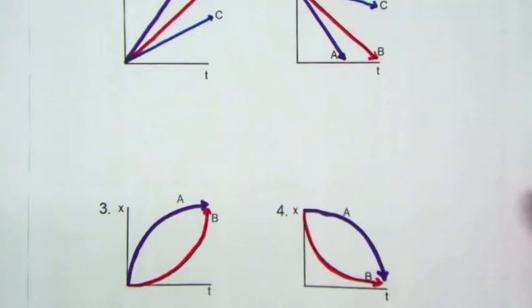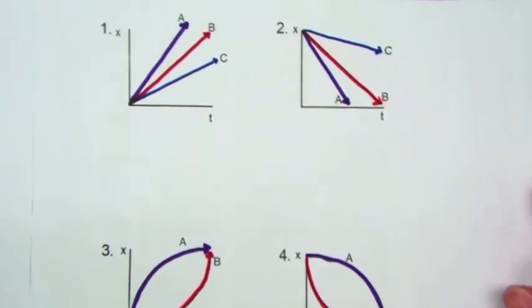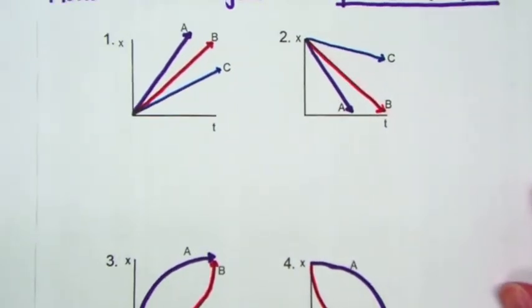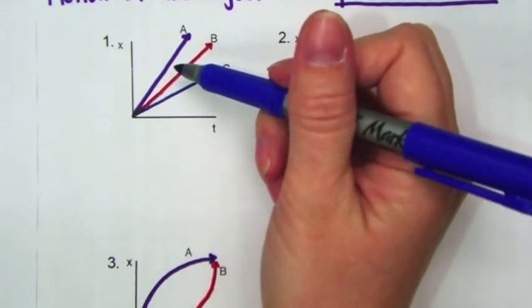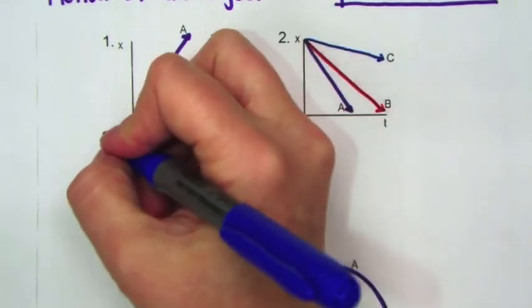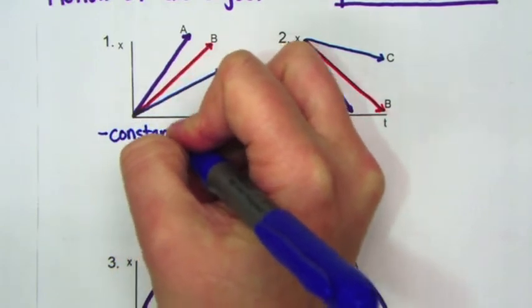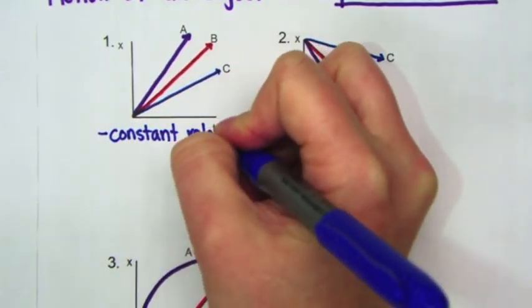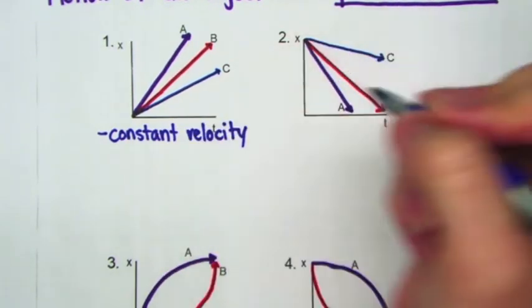In graph number 1, we know that we have a linear slope, meaning we have a constant velocity. All 3 lines are constant. Same thing with graph number 2. Okay?